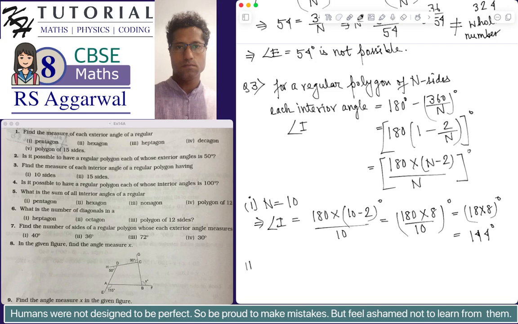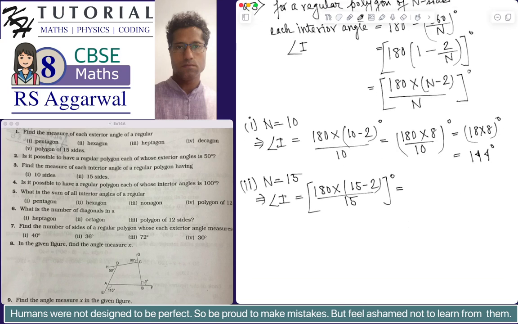Let's do it for n equals 15 sides. This implies each interior angle will be equal to 180 multiplied by (15 minus 2) divided by 15 degrees. This is equal to 180 multiplied by 13 divided by 15 degrees.